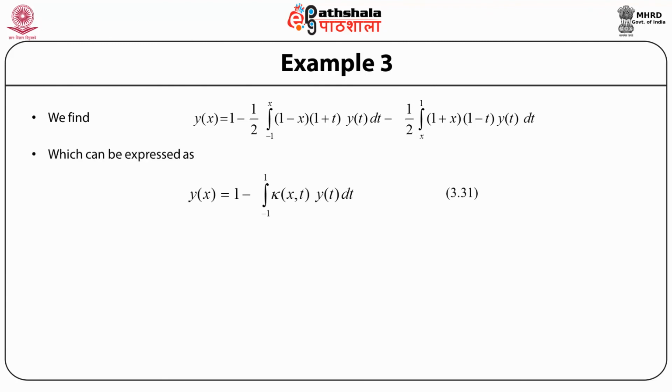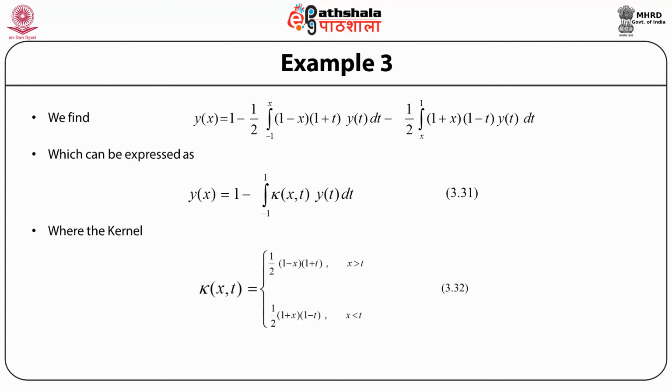which can be expressed as y of x is equal to 1 minus an integral from minus 1 to 1 of dt of the function yt multiplied by the kernel, where the kernel can be identified as k of x and t is equal to half 1 minus x into 1 plus t if x is greater than t, and is equal to half 1 plus x into 1 minus t if x is less than t.